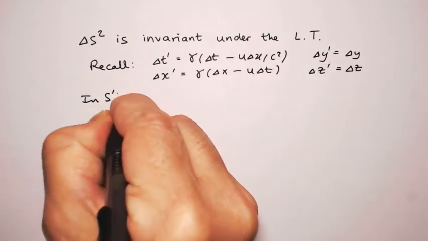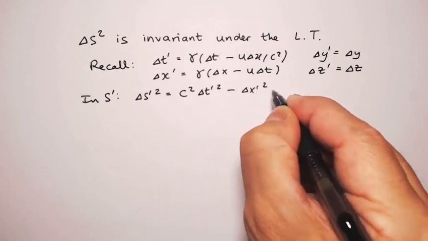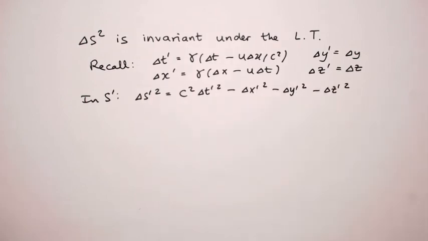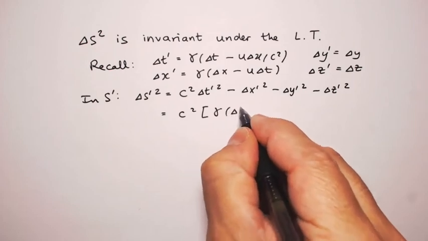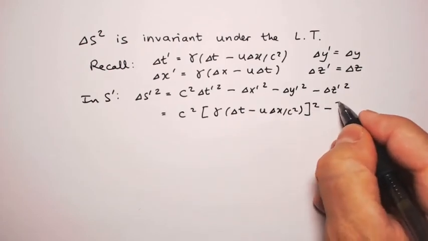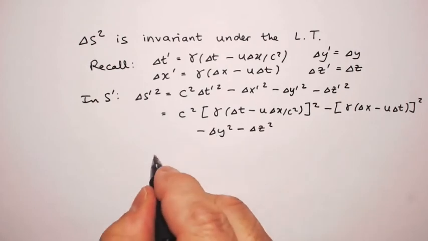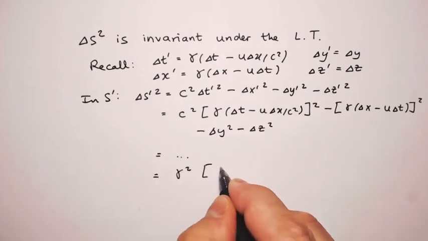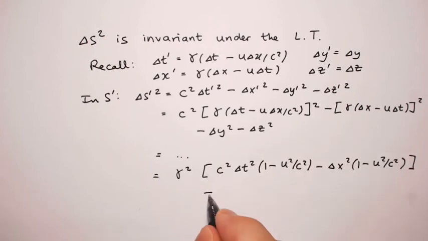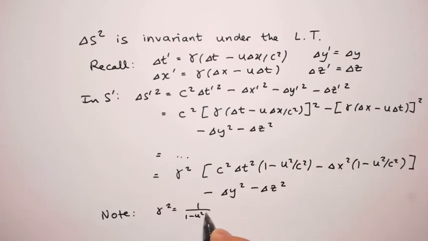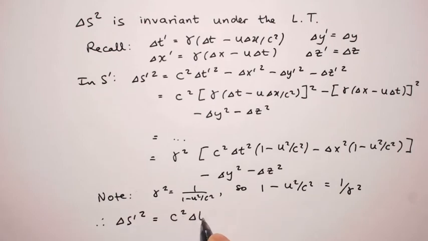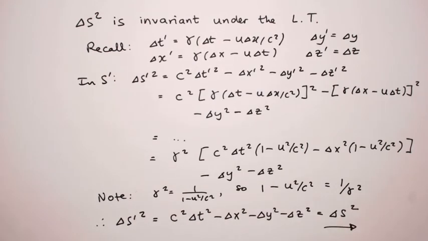So we start with the definition for delta s prime squared in the s prime frame, and we apply the Lorentz transformation to the intervals, and after some algebra, we come up with the following result, which shows that delta s prime squared has the same numerical value as delta s squared, so it is invariant.